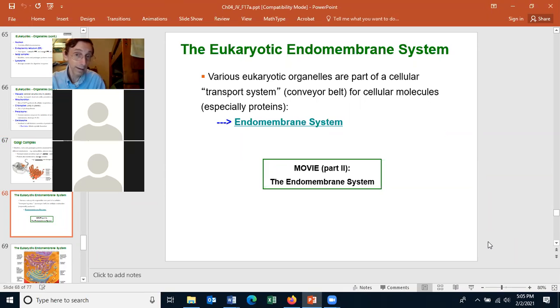Especially proteins use the endomembrane system to be manufactured in one place, modified in another place, and transported to where they'll end up. They use the endomembrane system for getting that to work.